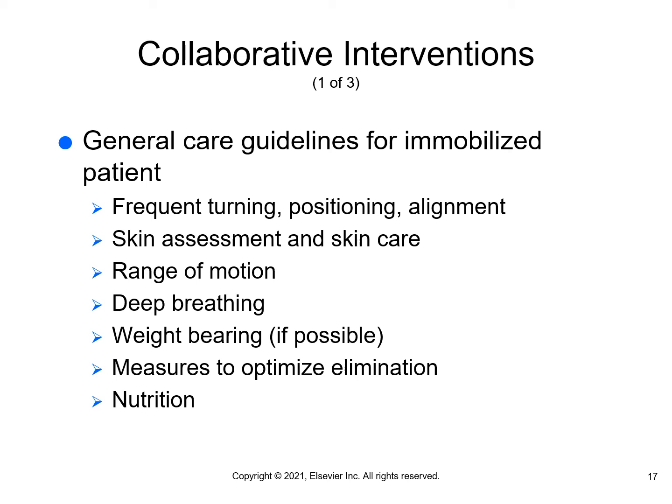So some of the nursing interventions that are incorporated and built in and goes without saying for the care of any immobilized patient, regardless of where they come from, is having that progressive mobility. So we gradually increase the activities, and so we can go from positioning, turning.